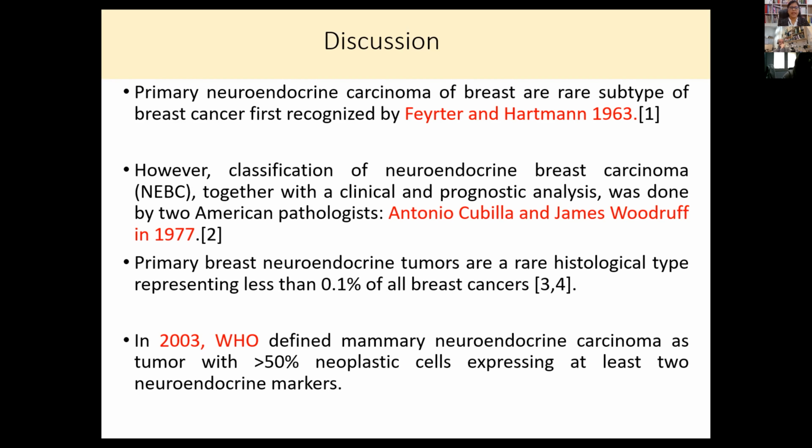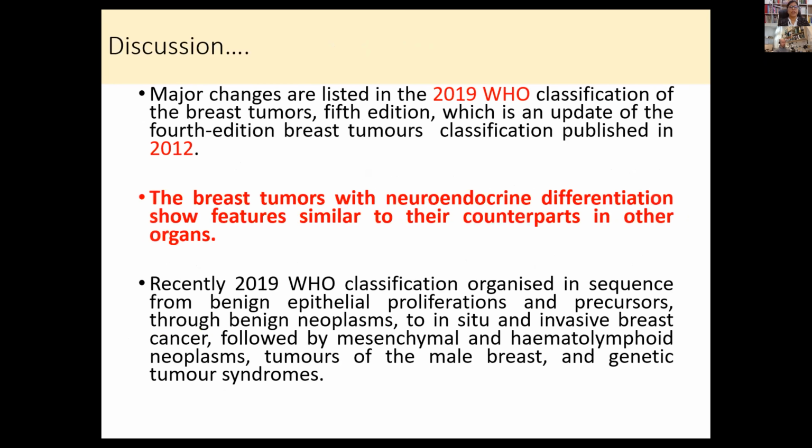The 2003 WHO classification defines primary neuroendocrine carcinoma as a tumor with more than 50% neoplastic cells expressing at least two neuroendocrine markers, either synaptophysin or chromogranin.